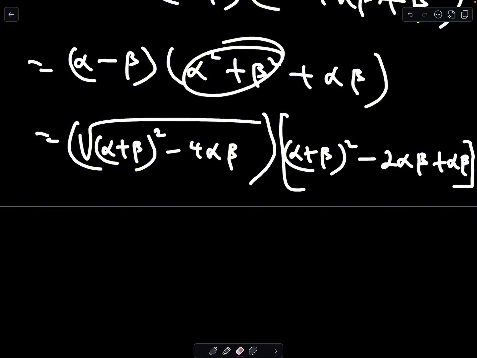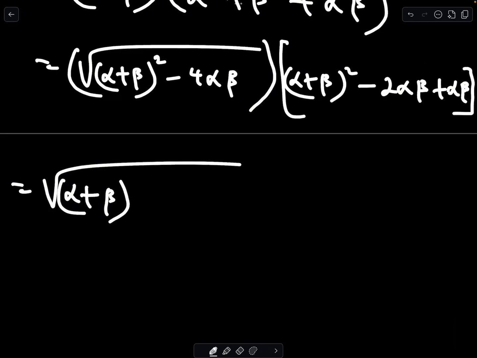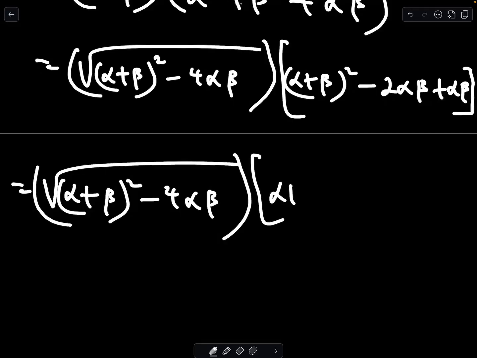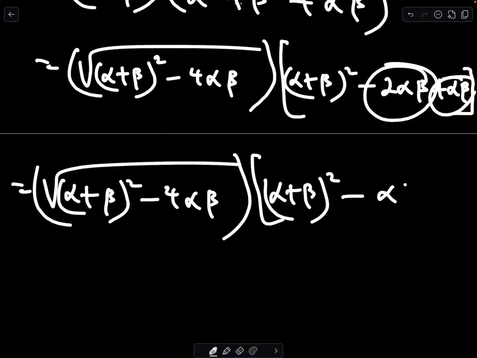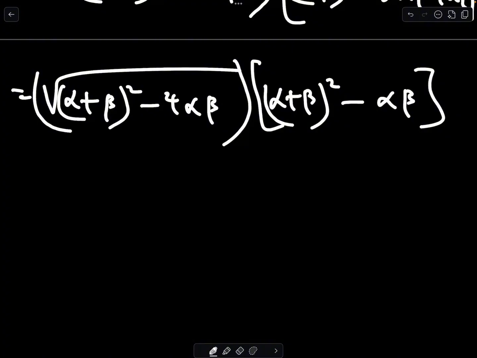Now, what do we have next? That simply means the square root of alpha plus beta all square minus 4 alpha beta times alpha plus beta all square, minus 2 alpha beta plus alpha beta is minus alpha beta. And that's the identity for alpha cube minus beta cube.